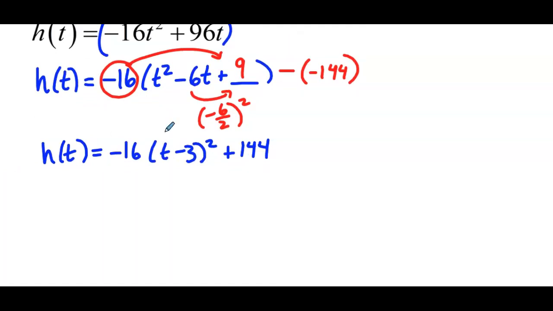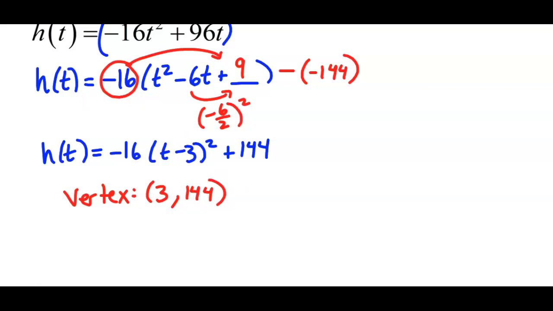So our vertex here is going to be t minus 3, so that's 3 to the right, so 3. And then h of t minus 144, right, if we move this over, we'd be going up to 144.